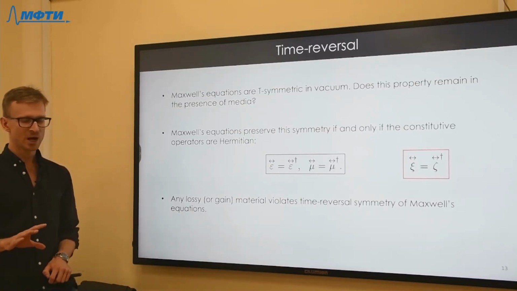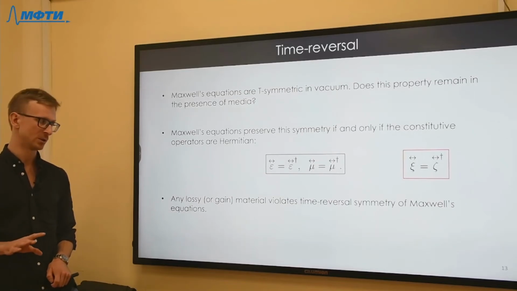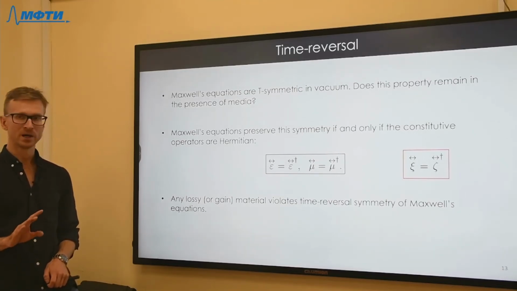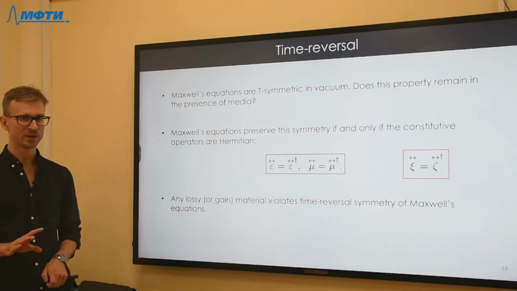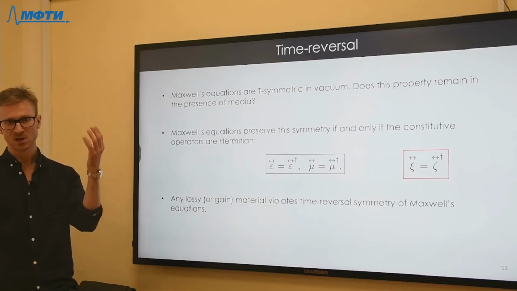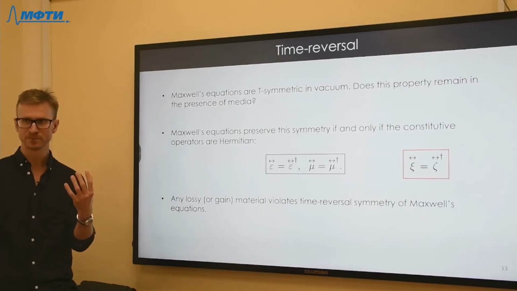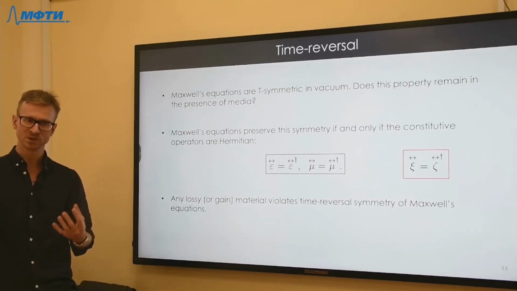As soon as you have any loss or gain in the system, or any combination of gain and loss, that violates time reversal symmetry. The system is not time reversal symmetric any longer. For example, you might have loss in one part of the system and gain in the other part, maybe equal in magnitude but opposite in sign.